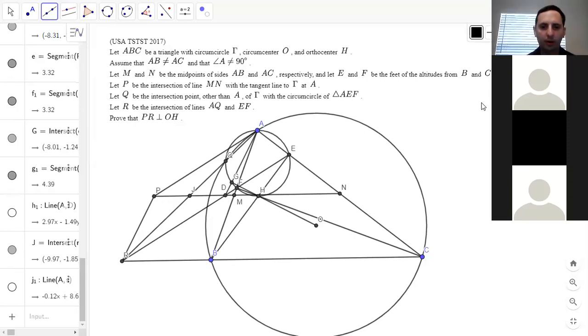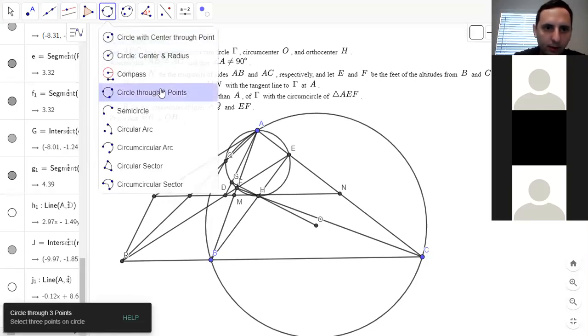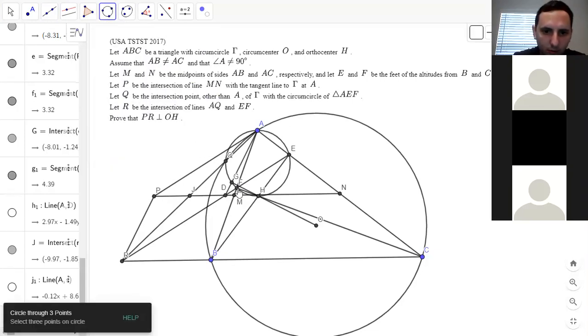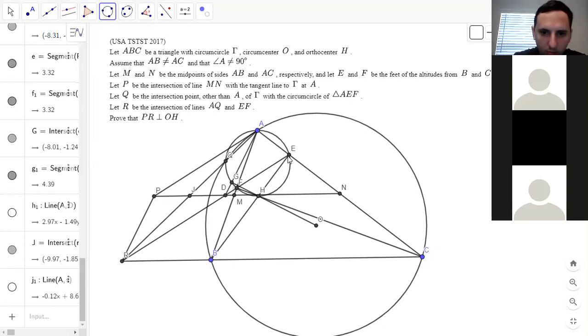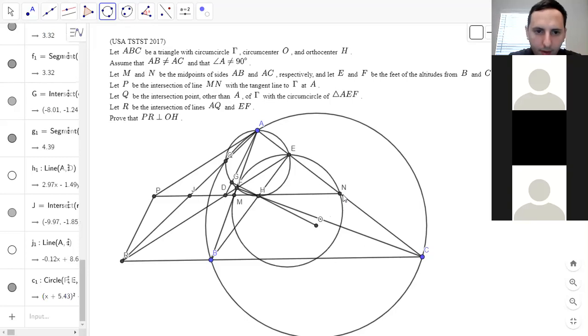Okay, so we want to show OH is perpendicular to AD. We know that OH is the Euler line, so we could also use the nine-point circle maybe. Let's see. So this is EFNM, that's the nine-point circle.